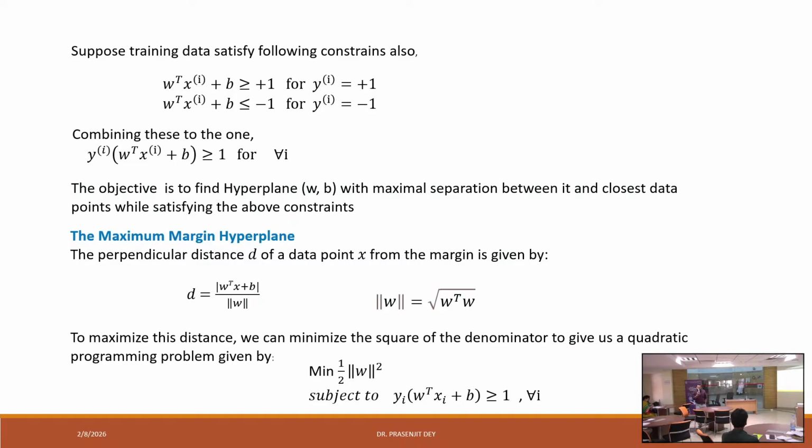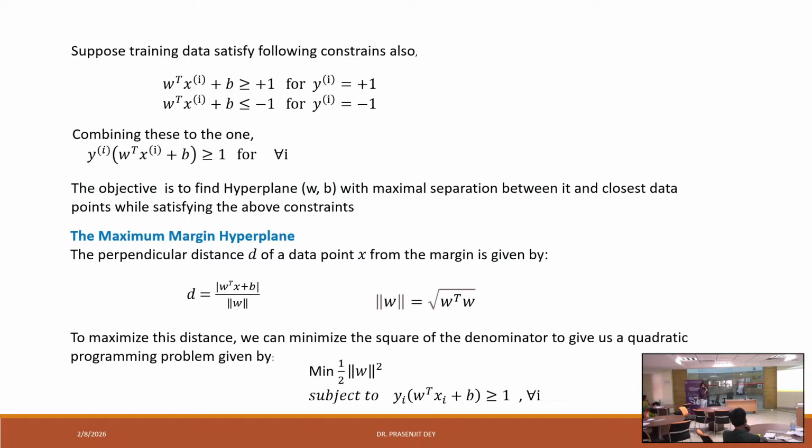If I can minimize W square, it will automatically maximize the distance. So now the overall problem of drawing the decision boundary becomes an optimization problem, where my objective is to minimize W square. To maximize this distance, we minimize the square of the denominator, and this leads to a quadratic programming problem. Quadratic, why? Because of W square. It is not linear, it is not W, it is W square. So it is a quadratic problem.